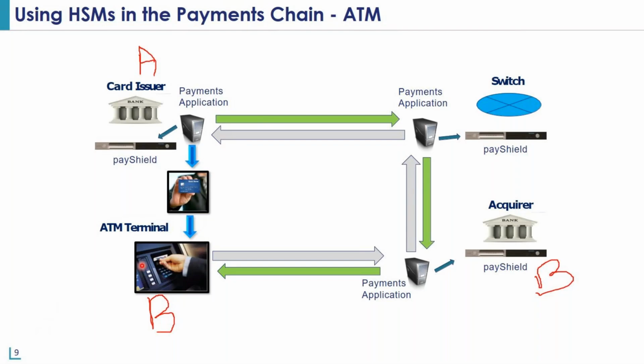Then the ATM terminal will forward the request to the acquirer bank, bank B. Bank B will forward the request to the switch. The switch network will forward the request to bank A, your issuer bank. And similarly, the response will be sent back to the ATM terminal.